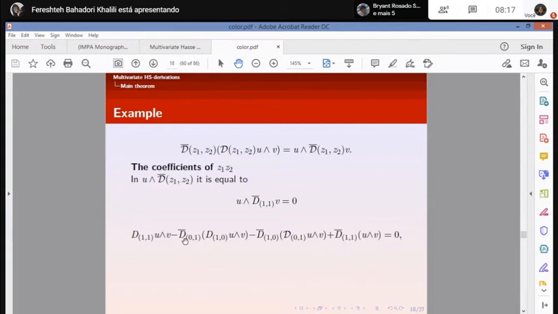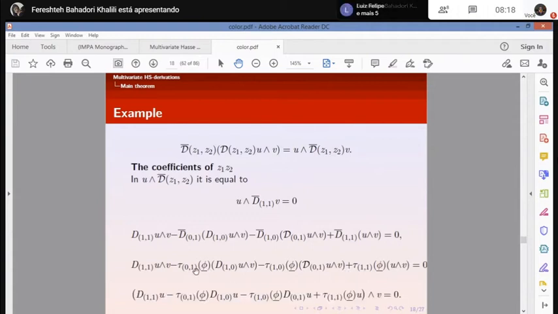Now, by definition, these D bars are our traces, so just replace these D bars by the traces. And since trace is a scalar, we can write something like this. And since V is arbitrary, this parenthesis here is equal to 0.